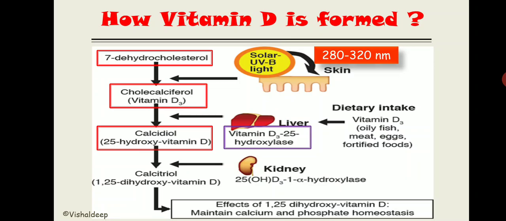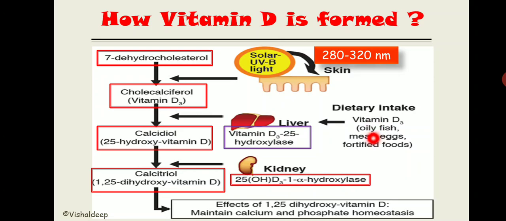Alright, and ultimately once this calcidiol is formed, it goes to the kidney and is converted to 1,25-dihydroxy vitamin D. This one is the active form of vitamin D, and for this conversion the 1-alpha hydroxylase enzyme is responsible, and this enzyme is actually the rate limiting step of vitamin D formation. The actual location of this enzyme: you see the kidney has nephrons, and the nephron has different segments, and these segments have different types of cells. So where is this enzyme situated?